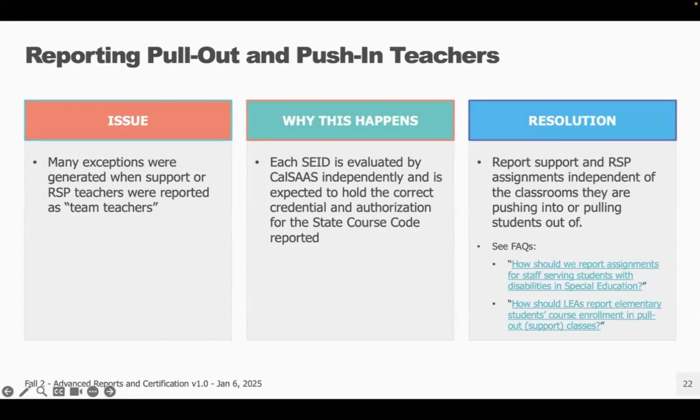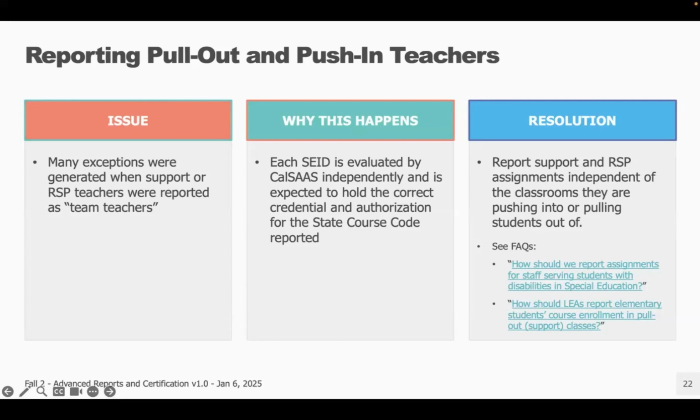So one of the issues that they saw was that many exceptions were triggered when support or RSP teachers were reported as team teachers. The reason that happened was each seat is evaluated by CalSAAS independently and is expected to hold the correct credential and authorization for the state course codes that are reported.